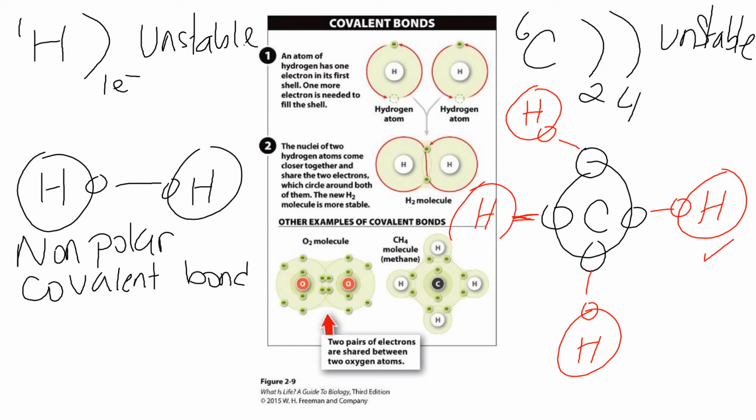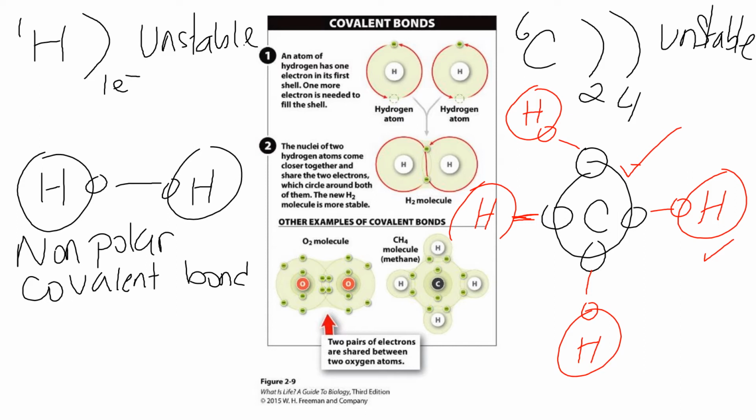Why is carbon stable? Let's go ahead and check it out together. So carbon has its original 4 right there, and then 5 from this hydrogen, 6, 7, and 8. So now carbon is definitely stable because it got the 4 more electrons that it needed to fill up its last electron shell.